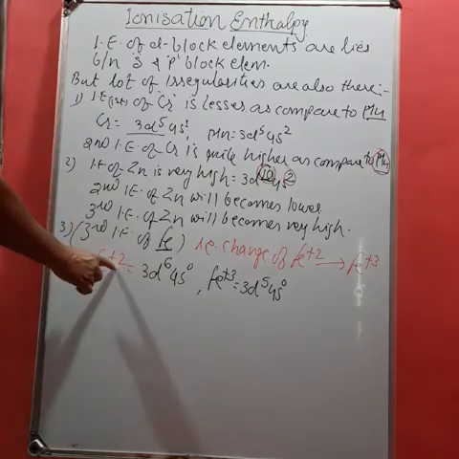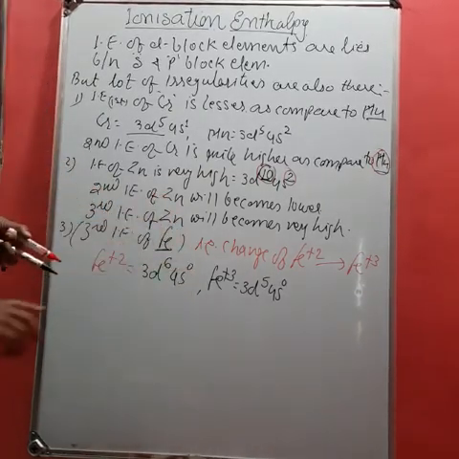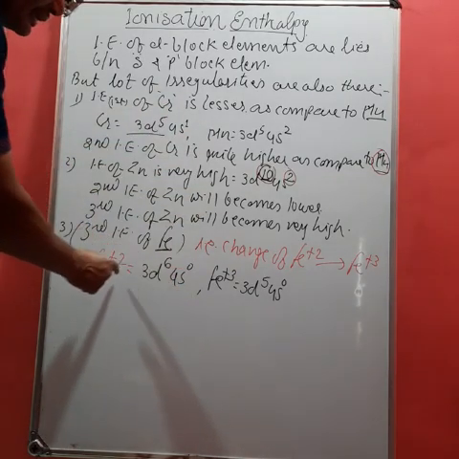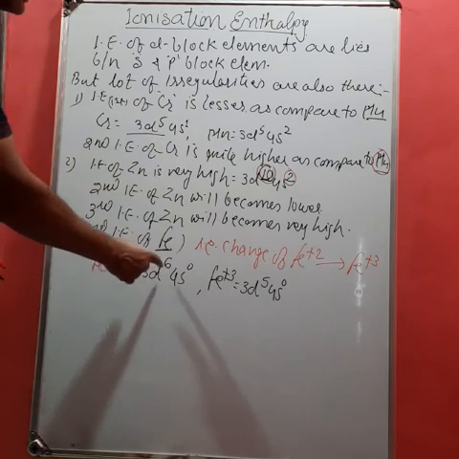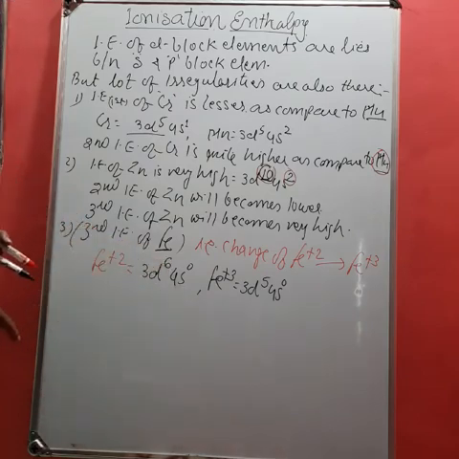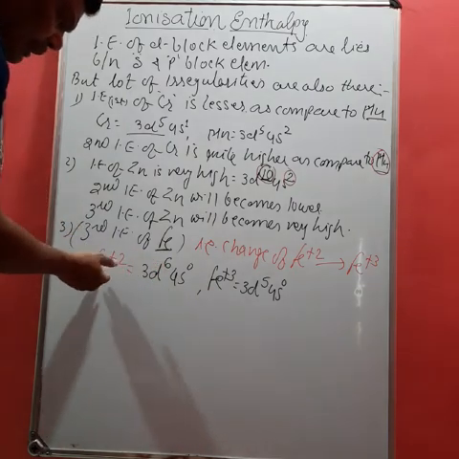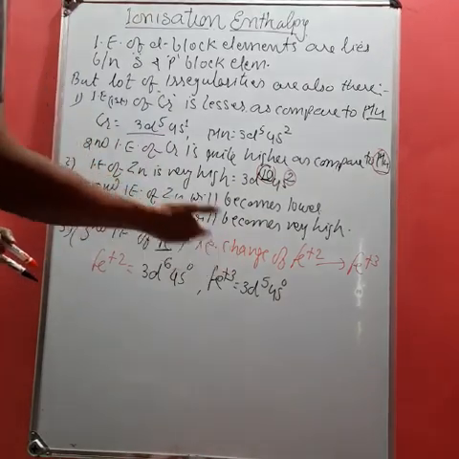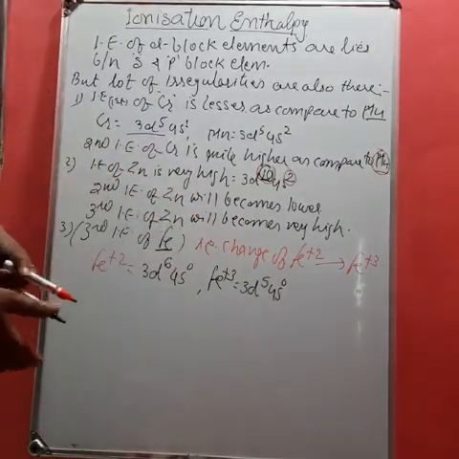But after removal of 2 electrons, the 4s will not have any electron. So what about ionization enthalpy? The third ionization enthalpy of iron will become lower. Isn't it? That is, to convert from Fe plus 2 to Fe plus 3, it has lower ionization enthalpy.